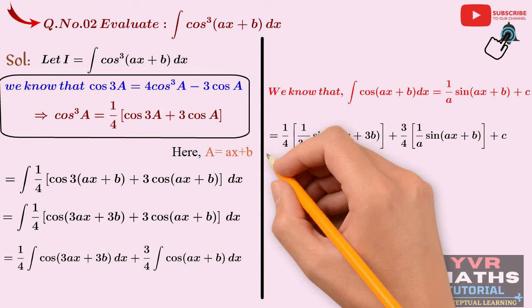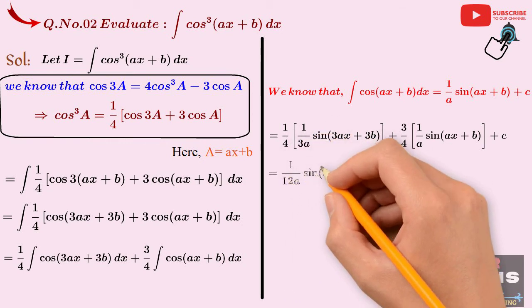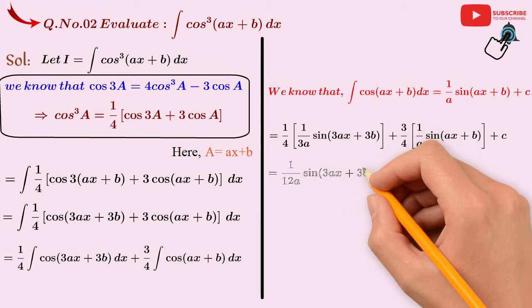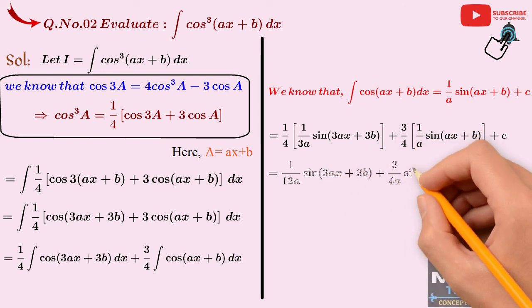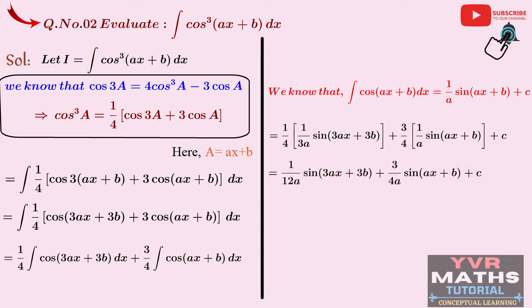If we simplify this, then in the next step, 1 by 12a into sine of 3ax plus 3b plus 3 by 4a into sine of ax plus b plus c. So this is the final answer for the given integral. I hope you understand.